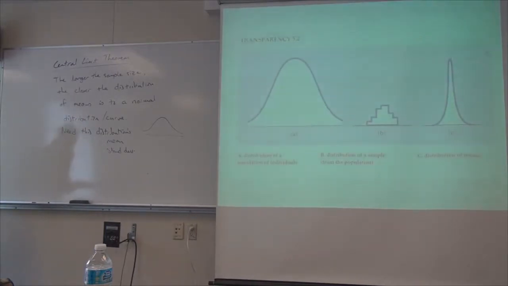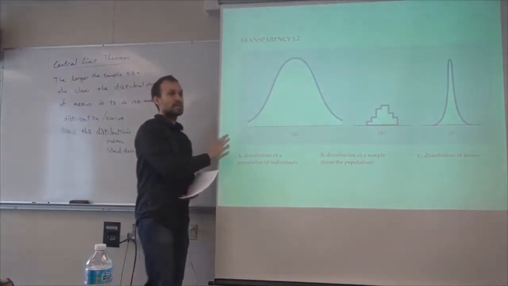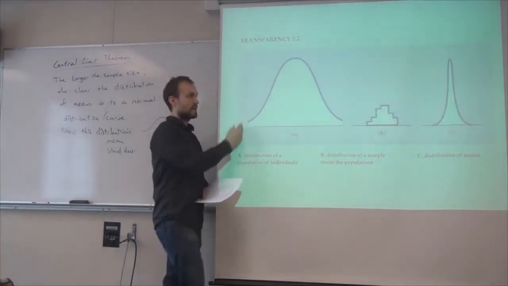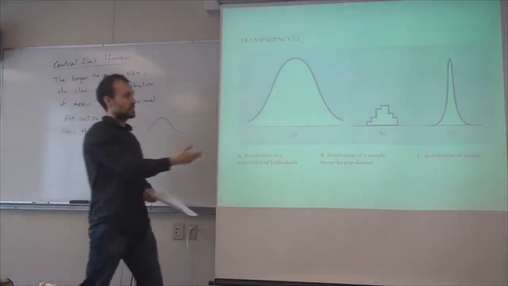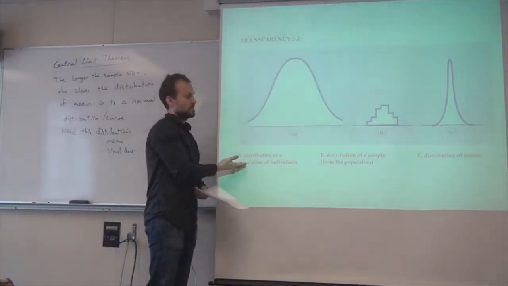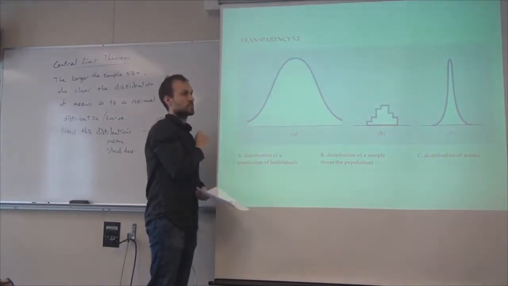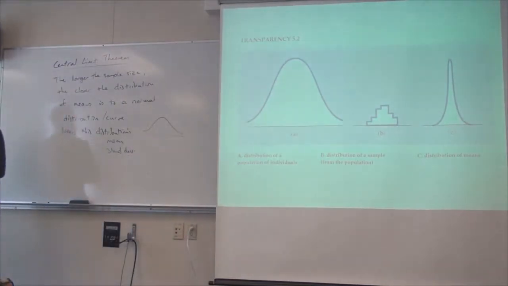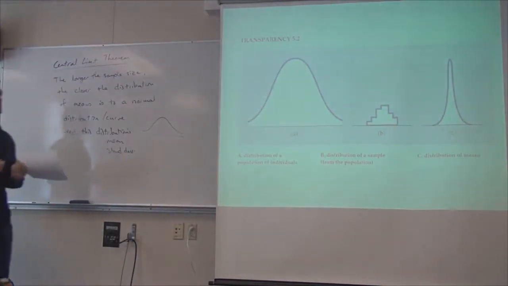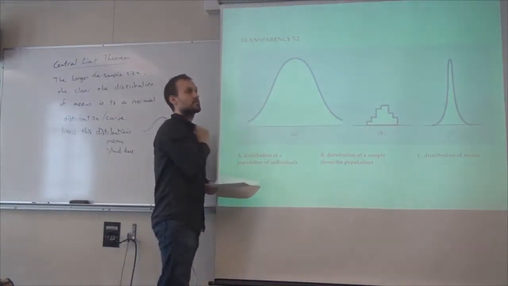5.2. So there are really three kinds of distributions working here. I look at my individuals, and it could be a nice normal curve, or it could be something else. It could be many things. For many variables that I investigate, it's a normal curve, but it doesn't have to be. If I look at wait times at a bank, how long people wait at a bank, for example, or at a drive-through, those are not normal distributions.